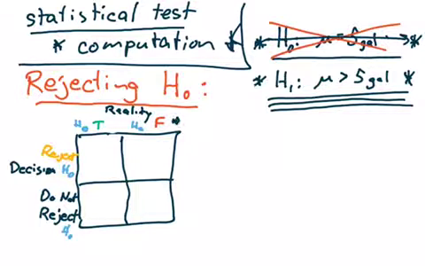We could be in the realm where H subscript 0 was actually false, and we make the decision to reject H subscript 0. And then the fourth final possibility is we have H subscript 0 false, and we do not reject H subscript 0. So there are the four different scenarios for the reality of the situation and our decision that we make. Okay, now two of these are not the correct decision.